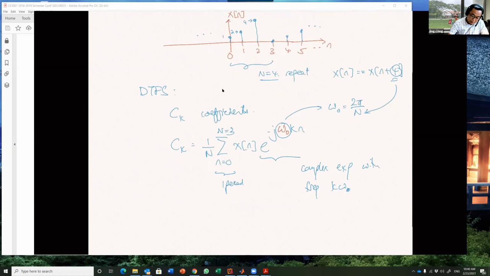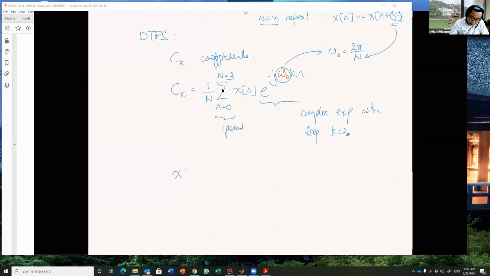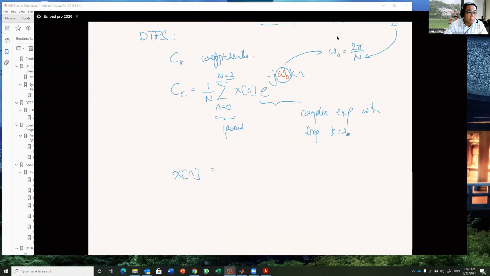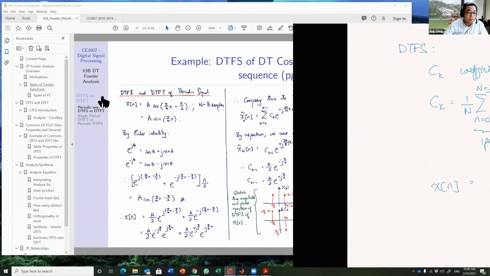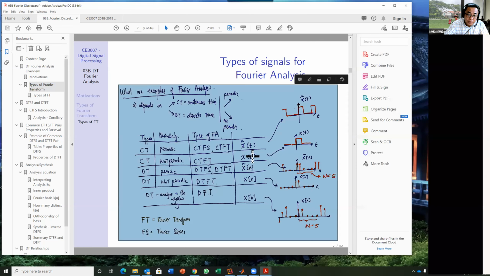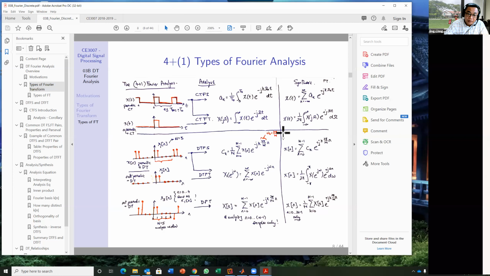Because in the synthesis equation, x of n, I will share the slide with you. In the synthesis equation, can you see this part, which is the synthesis equation?